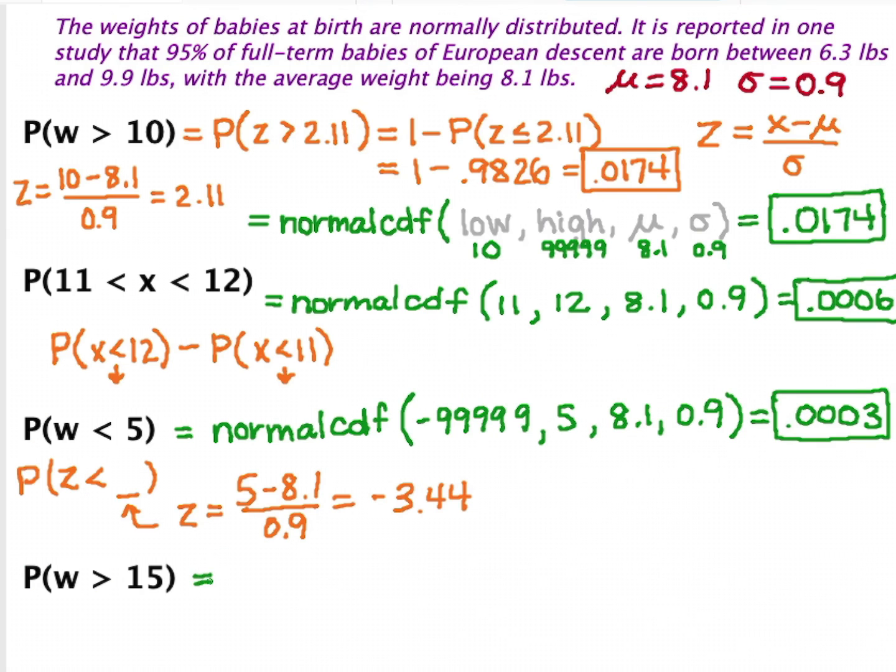Okay, let's talk this super large baby. Greater than 15 pounds. So the low and the high, the lowest I'm interested in is that 15-pound baby. Now I need a very high weight. I'm just going to throw in a bunch of 9s.